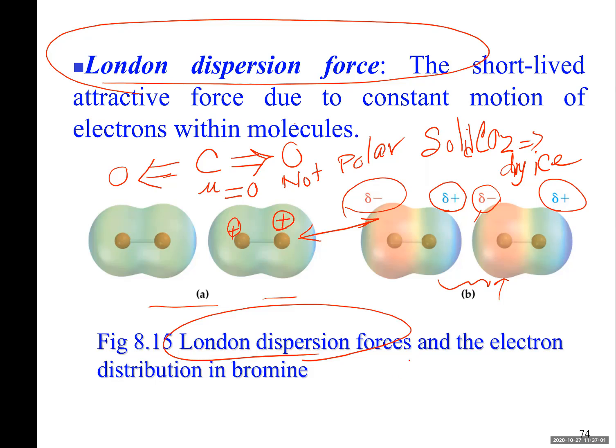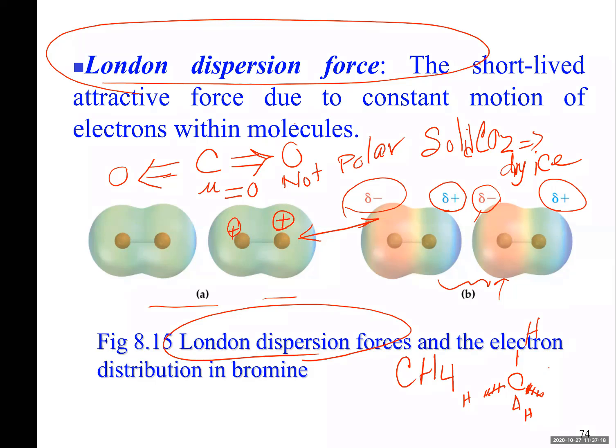Do you remember we also talked about methane? We said methane is nonpolar. It has tetrahedral geometry, and none of the four CH bonds are polar.